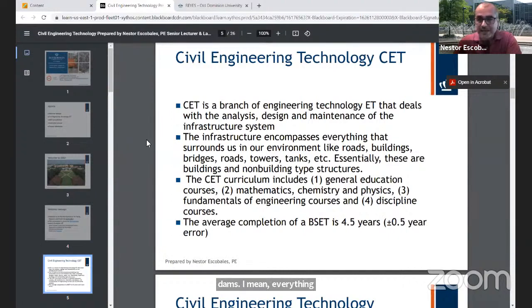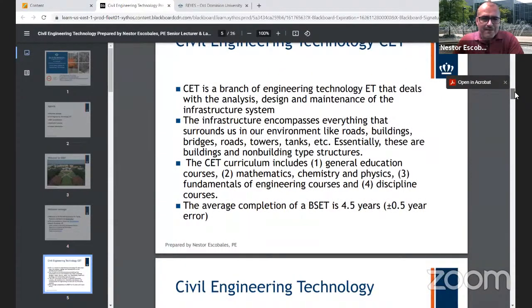Infrastructure is literally everything. I would be biased in saying civil engineers would rule because we do everything that people use. Certainly we need other disciplines as well, but I will be a little biased in that sense. The infrastructure encompasses everything that surrounds our environment.